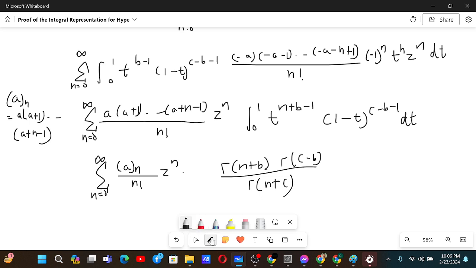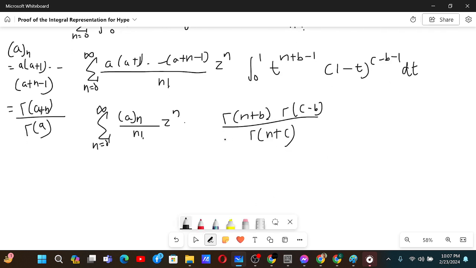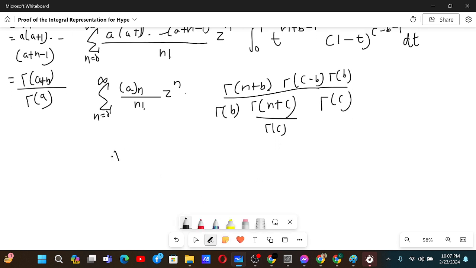Okay. Now we can notice that this product is in fact gamma of a plus n by gamma of a. That's why over here also we can introduce gamma of b by gamma of c, and then also gamma of c by gamma of b. And the good thing about making this manipulation is now we have a very elegant form.